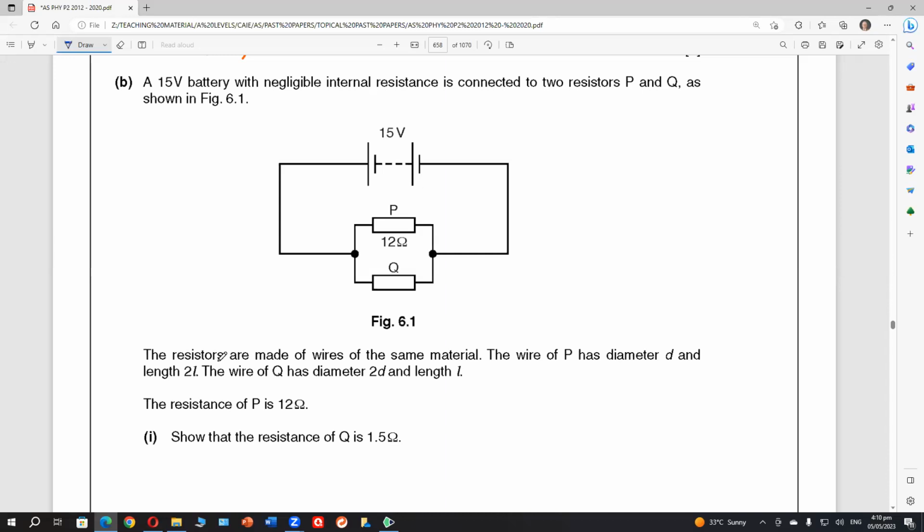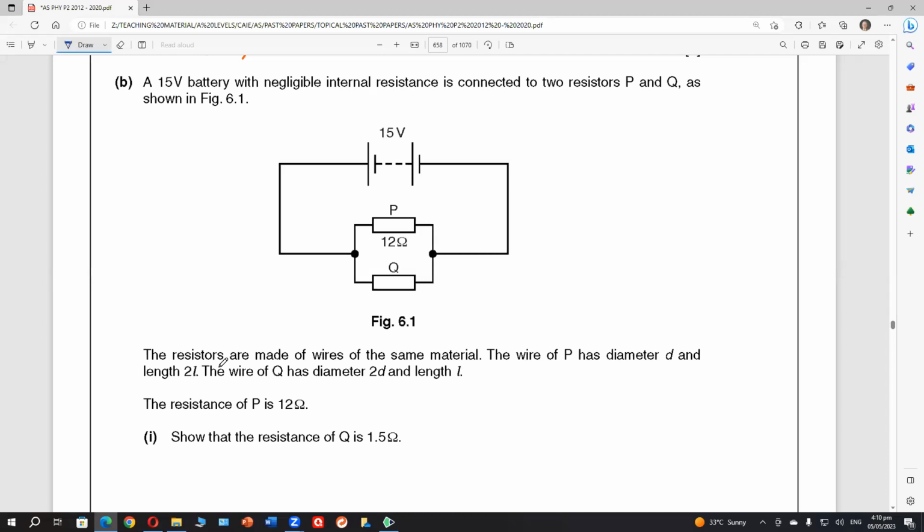Now, you have read the question. The resistors are made of wires of the same material. The wire of P has diameter D and length 2L. The wire of Q has diameter 2D and length L. The resistance of P is 12 ohm.